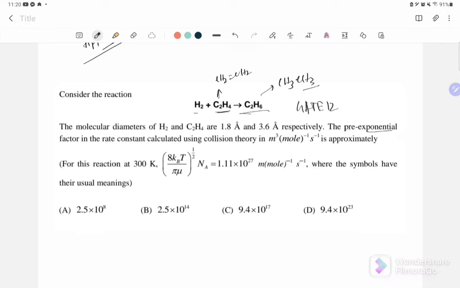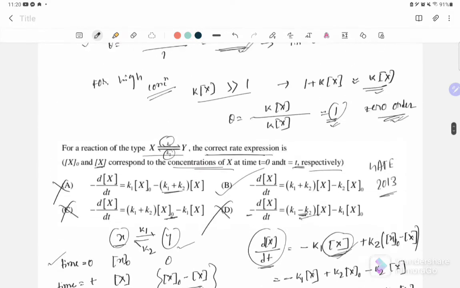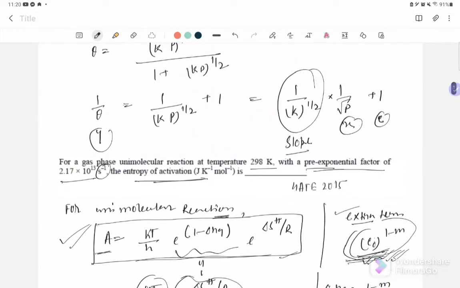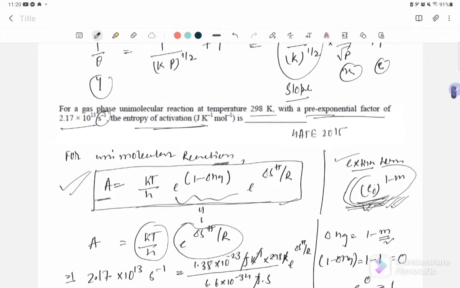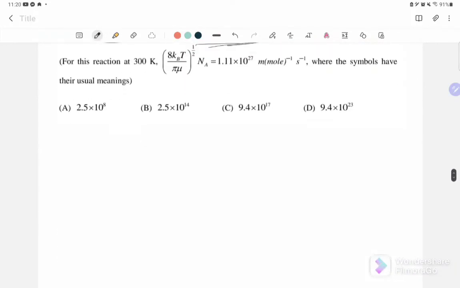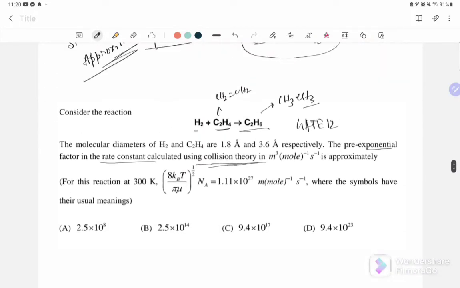The pre-exponential factor in the rate constant is to be calculated using the collision theory. In the activated complex theory, it would be the entropy of activation, but in this case it is asked for the pre-exponential factor according to the collision theory. So they ask for the pre-exponential factor.